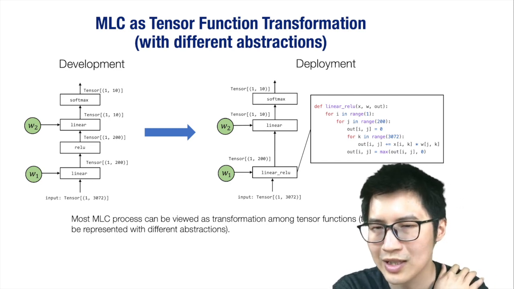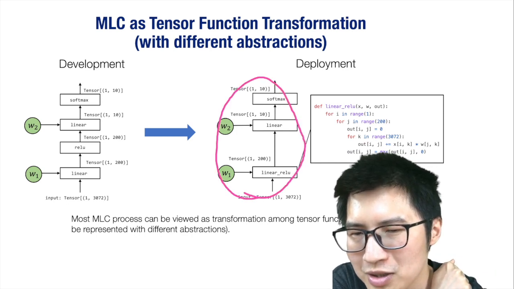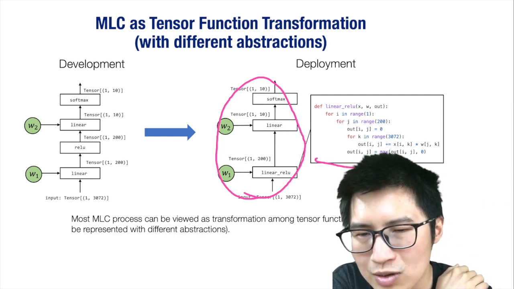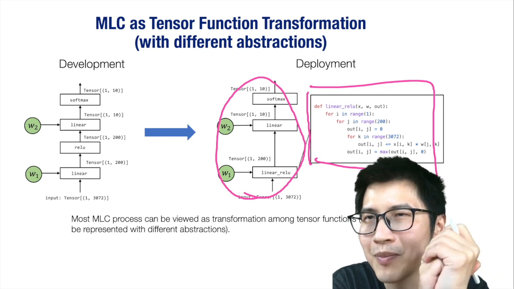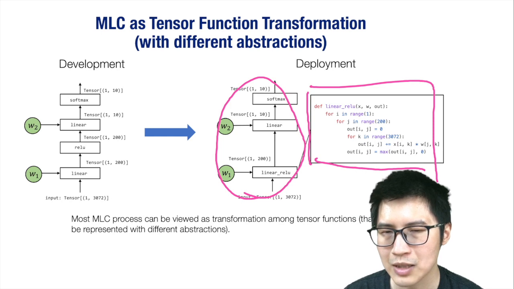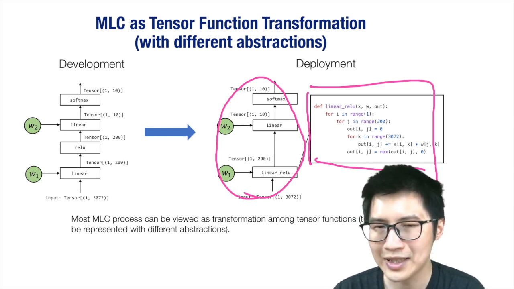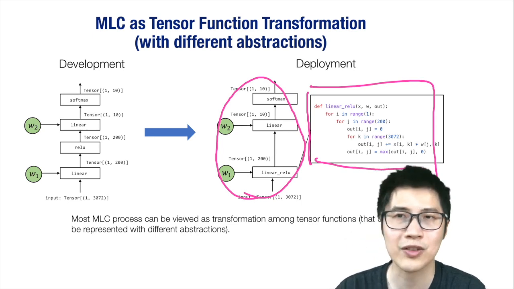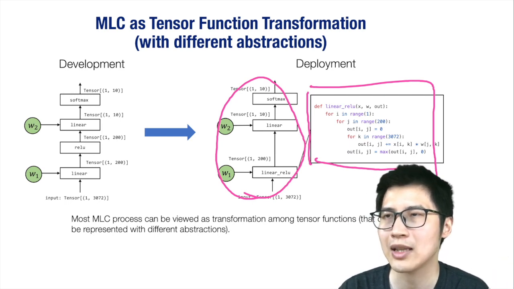For example, in this case, there are at least two ways to represent the tensor function. We have this graphical representation, which we will talk about, which is usually called a computational graph. We have this loop-level representation, in this case a Python-like program that represents how we want to compute out the linear ReLU operations. So at least here there are two abstractions, right? Or in the terminology of compilers, they are also called intermediate representations that we can use to represent the computation.